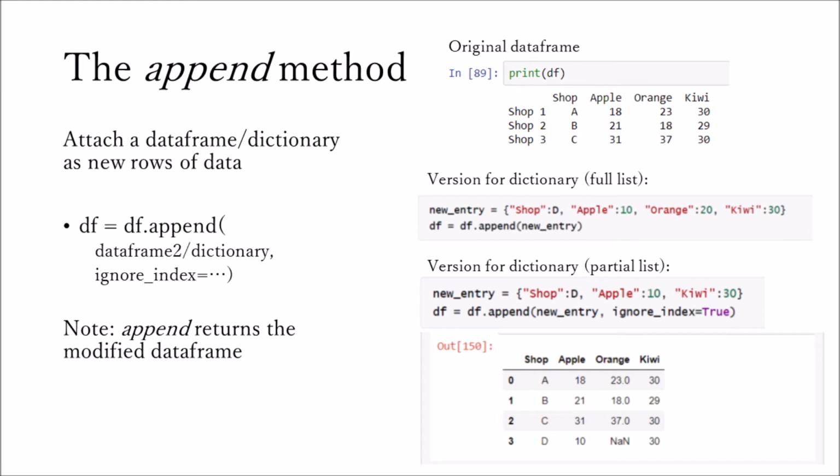Then we pass the dictionary to the append method, and notice that this method only creates a copy of the modified data frame. So we need to store it with the original data frame explicitly. If you only have data for a partial set of columns, then you need to switch on ignore_index so that Pandas puts NaN in the columns where no data is available.